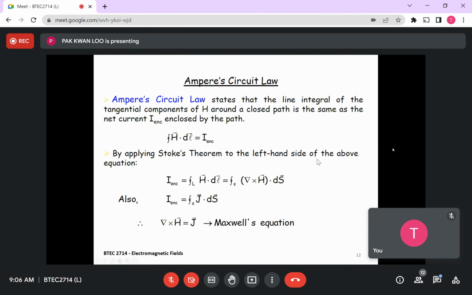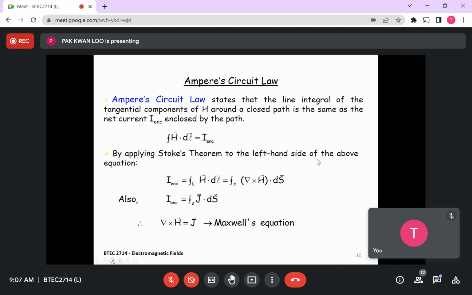Ampere's Circuital Law mentions that for a current, if we apply an arbitrary loop around a current, the line integral here is equal to the current enclosed.